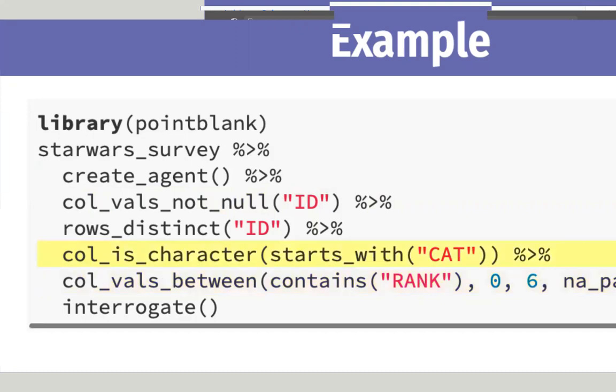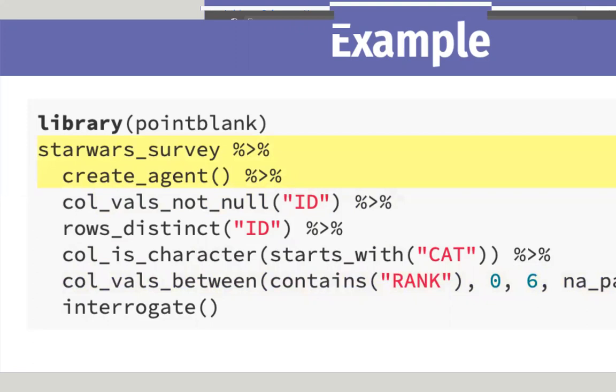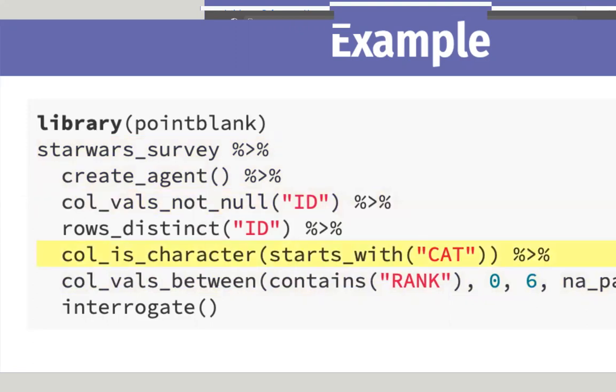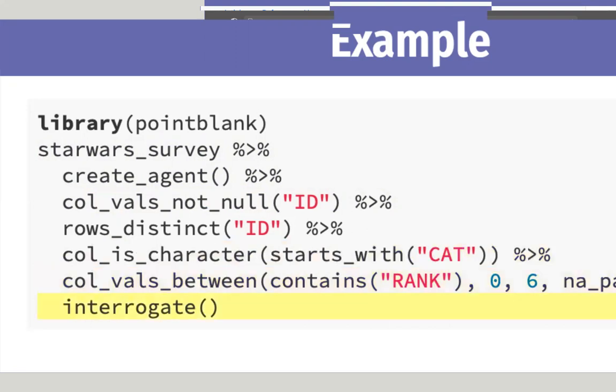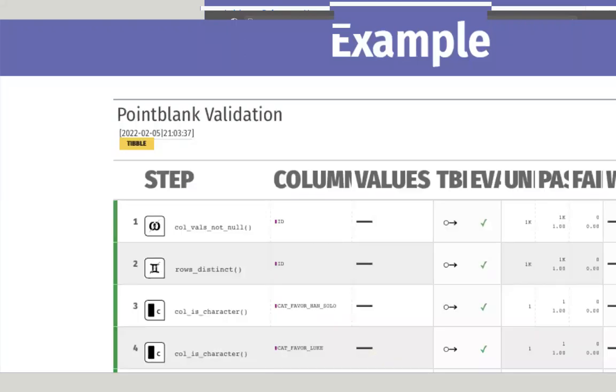So basically what you're doing is taking your data frame and running a whole bunch of data checks, like little data unit tests across the different columns, to make sure it's as you would have expected. Then I run the interrogate function at the end to actually get the output. This is what the output looks like. It gives you a nice little interactive table showing each of those checks. For example, the first one was col_vals_not_null: I expect that all values in the ID column should not be null.